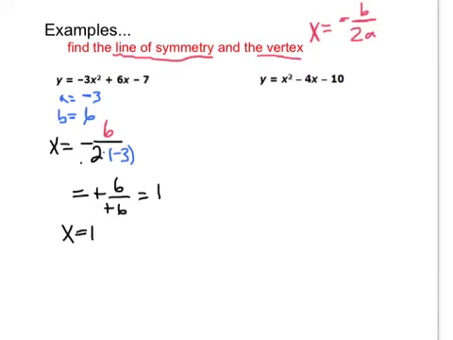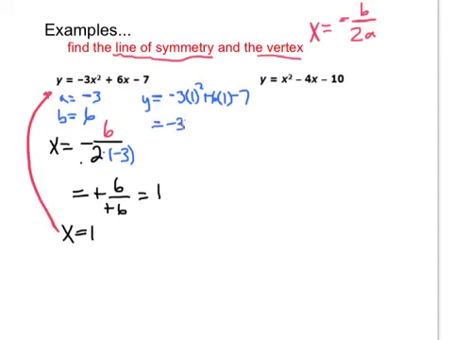So now what we need to do with this x equals 1 to find the rest of our vertex is put this back into our original equation here, and we see that y equals -3 times 1 squared plus 6 times 1 minus 7.